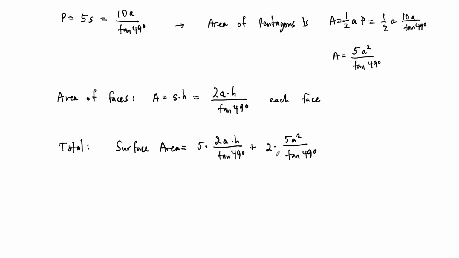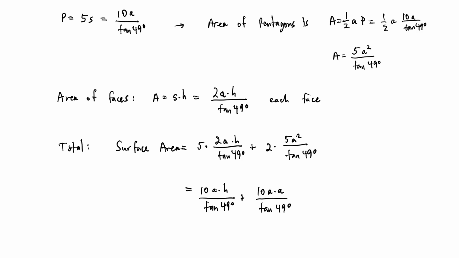And we can combine some stuff here because we end up with a 10a over tangent 49 in each one of these terms, right? So let me rewrite this a couple ways. 10a times h over tangent of 49 degrees, plus this becomes 10a squared, but I'm going to write it as a times a, all right, over tangent of 49 degrees.